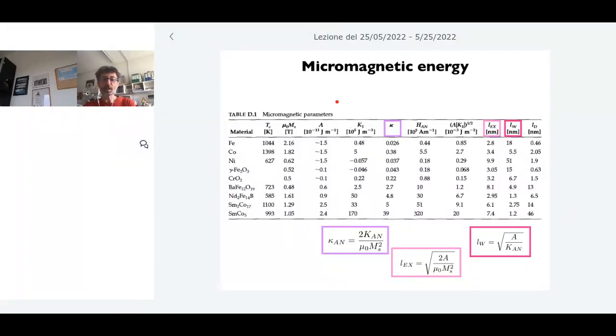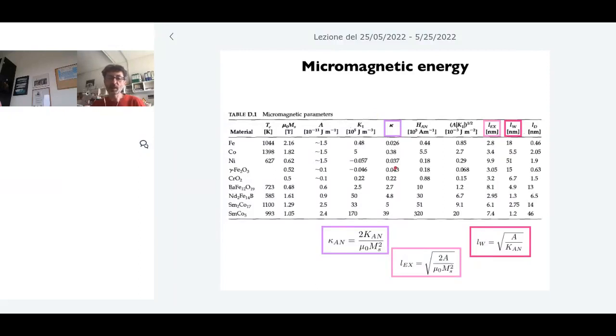What is changing a lot is the anisotropy constant. Here it's in units of 10 to the 5th joule per cubic meter. And then you see that typically soft magnetic materials, nickel, ferrites, which also are not so hard, have very low values.